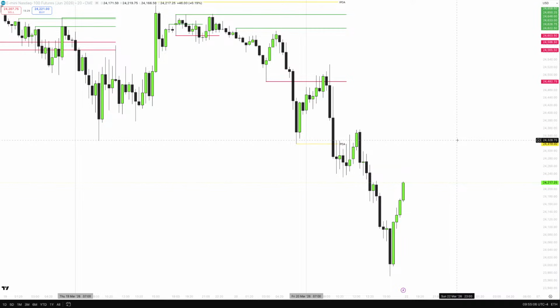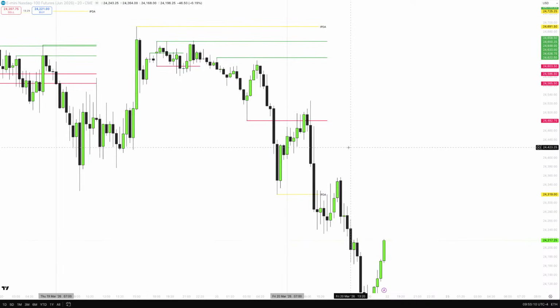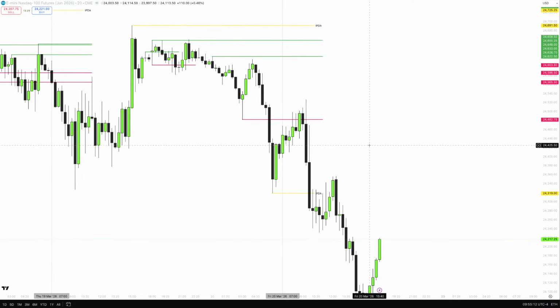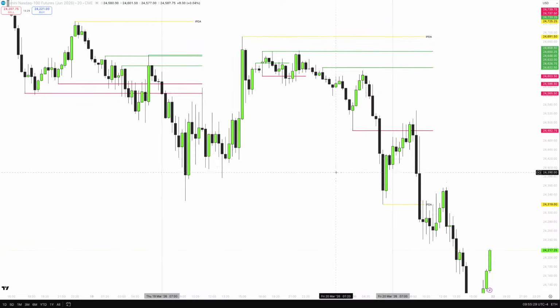I'm always starting after 7 a.m. to determine my daily bias. So what I'm always doing is I will draw a vertical line at 7 a.m., like you can see here, these gray lines.